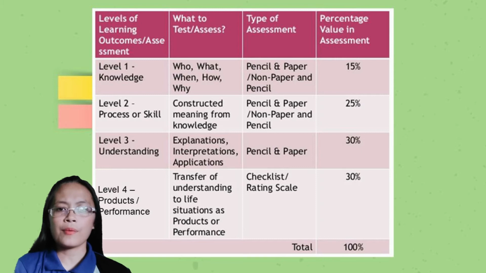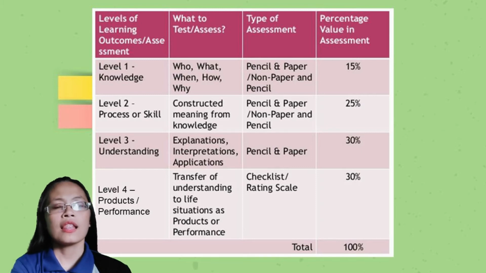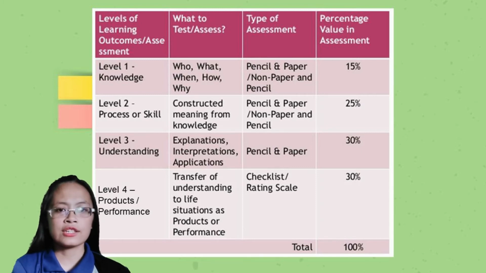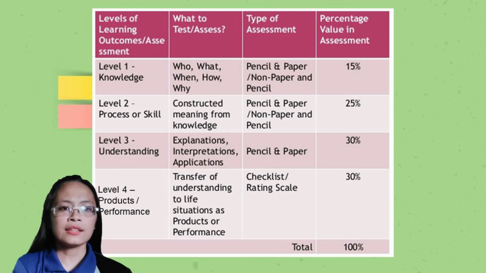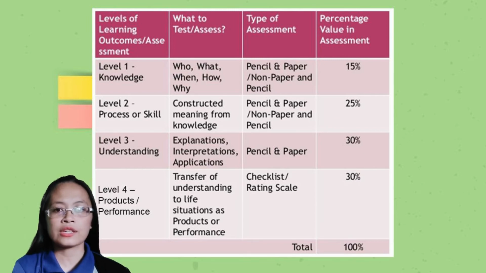Learning outcome assessments. Level 1, knowledge, can be determined through assessment of 4W and 1H: the who, what, when, how, and why, and can be done through pencil and paper written assessment or non-paper and pencil type assessment or oral assessment.